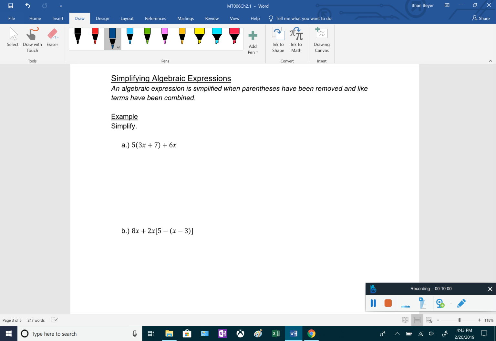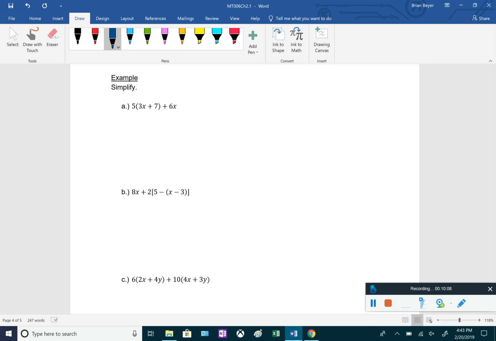So let's do this first one here: 5 times (3x plus 7), and then plus 6x. We first have to distribute the 5. When we distribute, 5 times 3x is 15x, plus 5 times 7 is 35, and then plus that 6x afterwards.